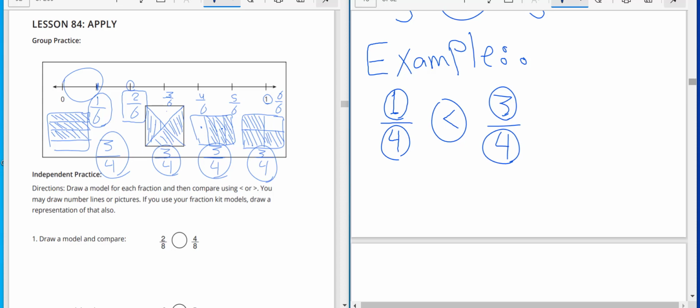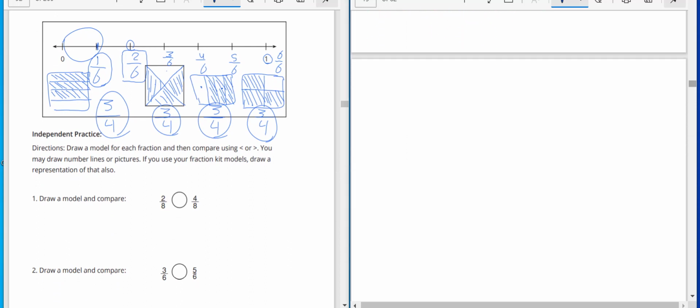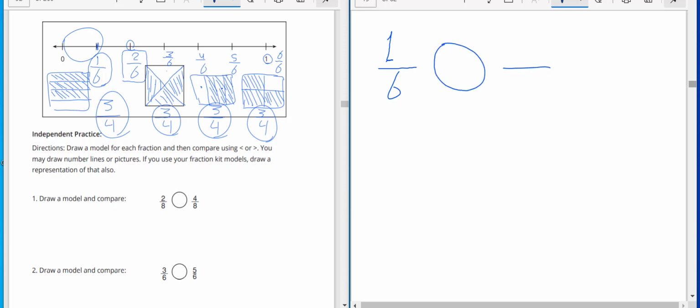Another example, 1/6 and 4/6. Which is the greatest fraction, 1/6 or 4/6? 1/6 is less than 4/6.